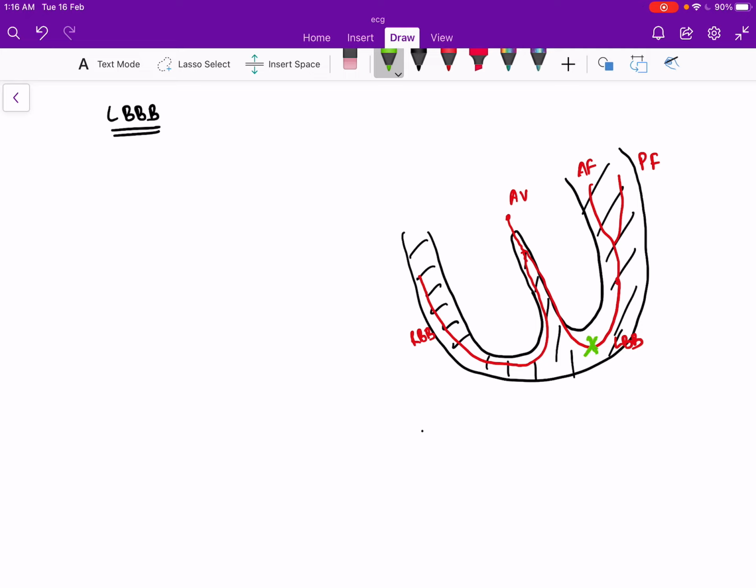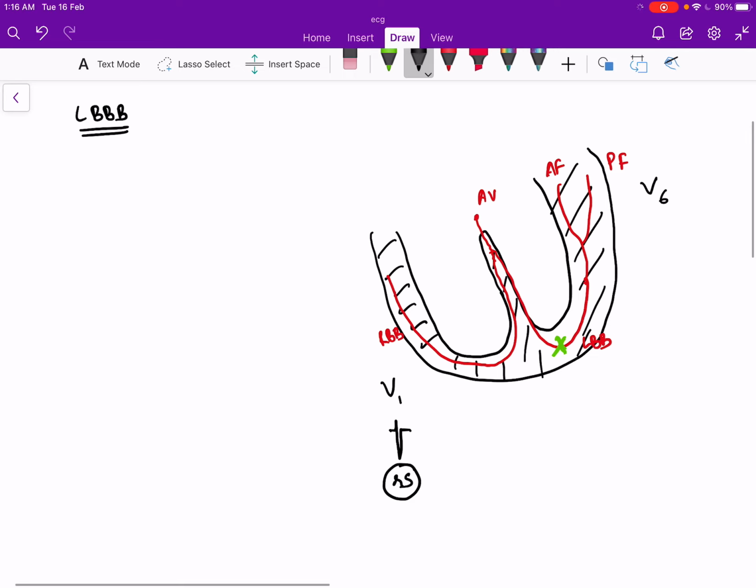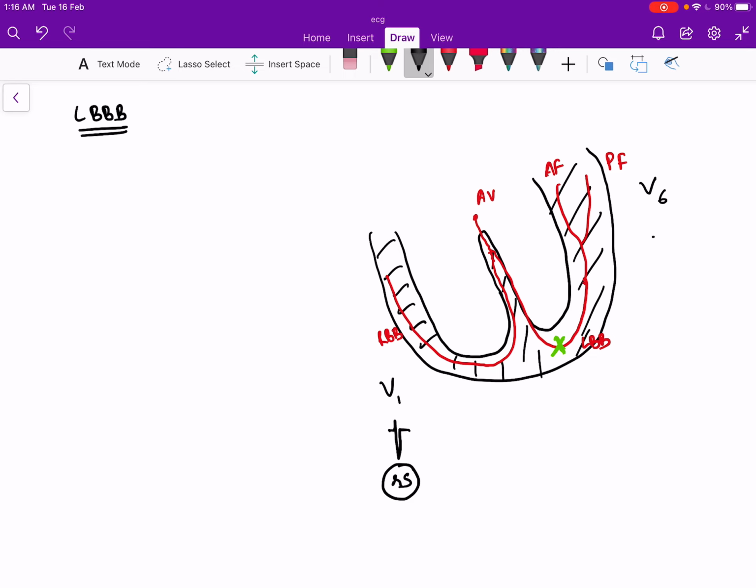In a normal person, lead V1 is oriented somewhere here and lead V6 is oriented somewhere here. In lead V1 we'll get a QRS with a morphology of RS type, whereas in lead V6 we'll get a QRS with a morphology of QR type, which I discussed in my previous video.